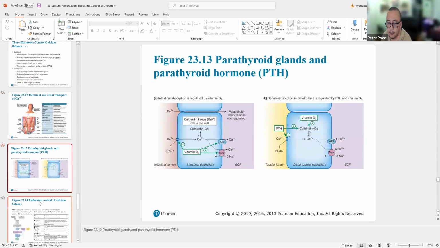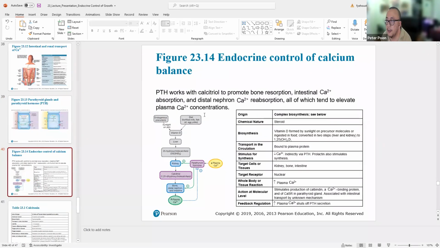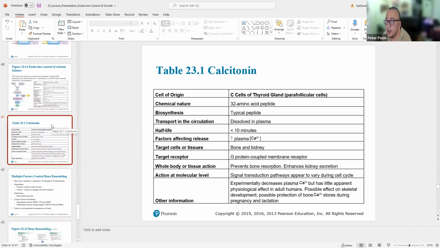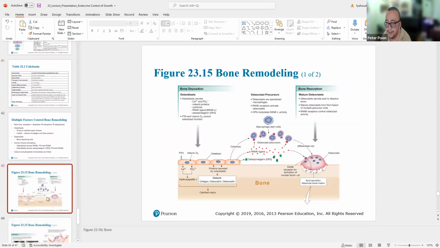Make sure you understand how these hormones actually work. Calcitonin experimentally decreases calcium levels, but has low physiological effect in adults.